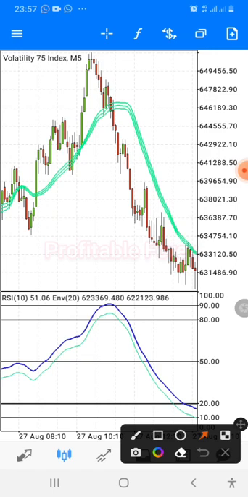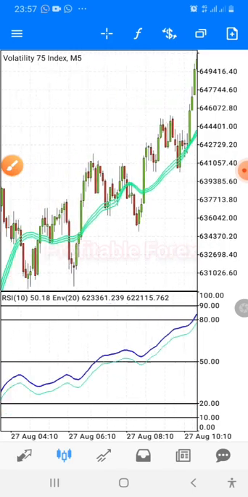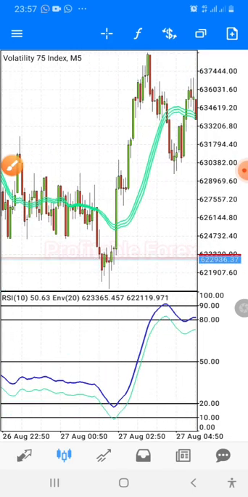So what if you want to go in for a trade for a buy? That is a bullish trend. When the trend changes from a bearish trend to a bullish trend, what do you look out for? It's the same thing but inverted.